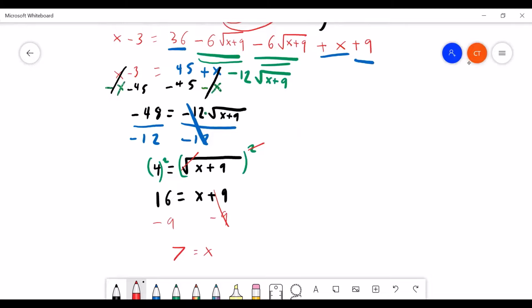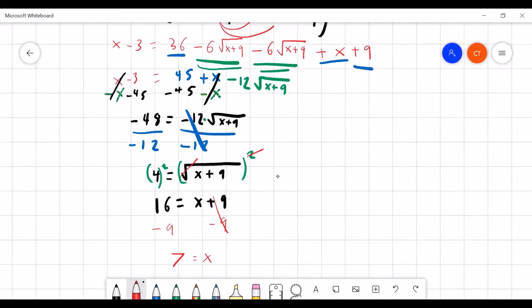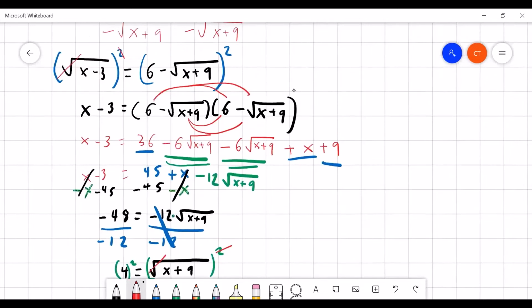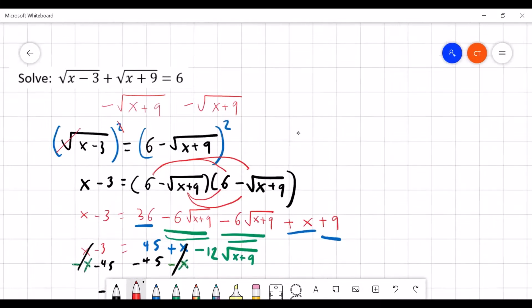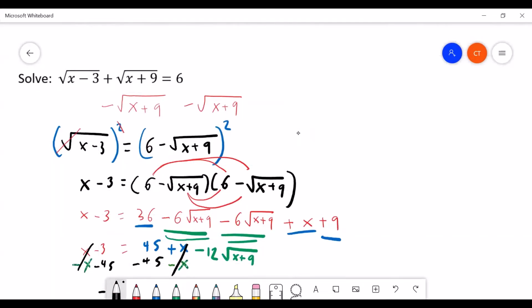But remember that for all equations involving square roots, you need to check to see if that answer really works. And we need to check it in the original problem. So let's check x equals 7.